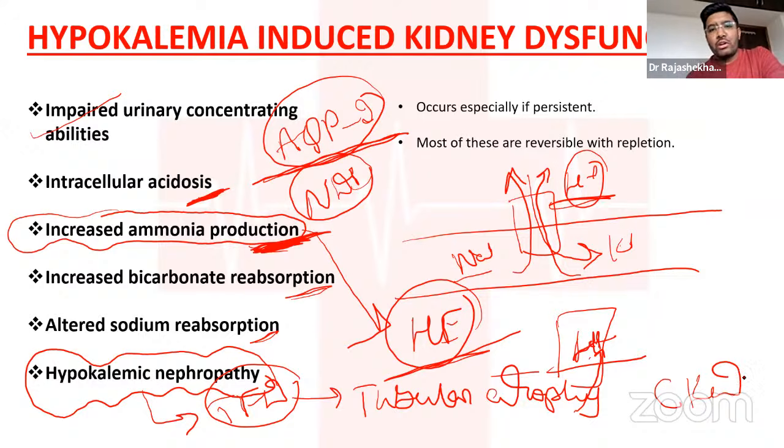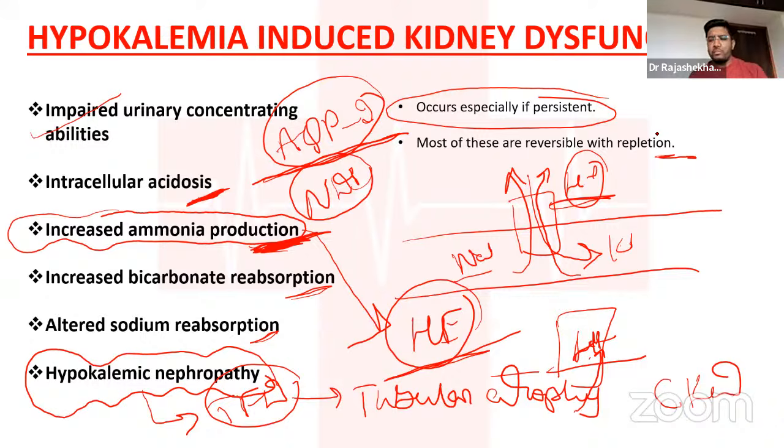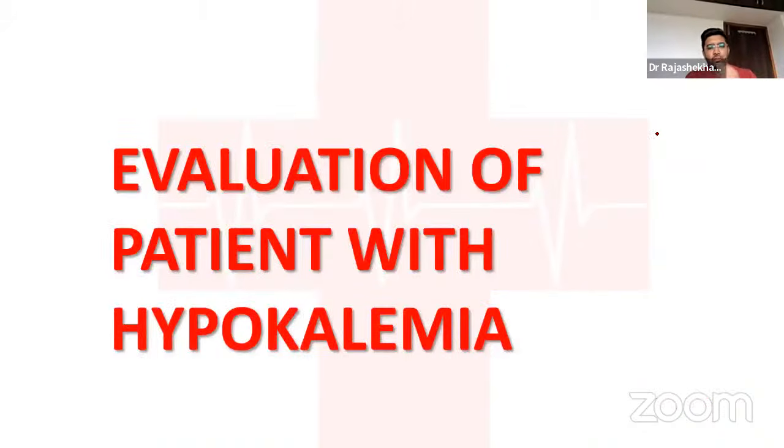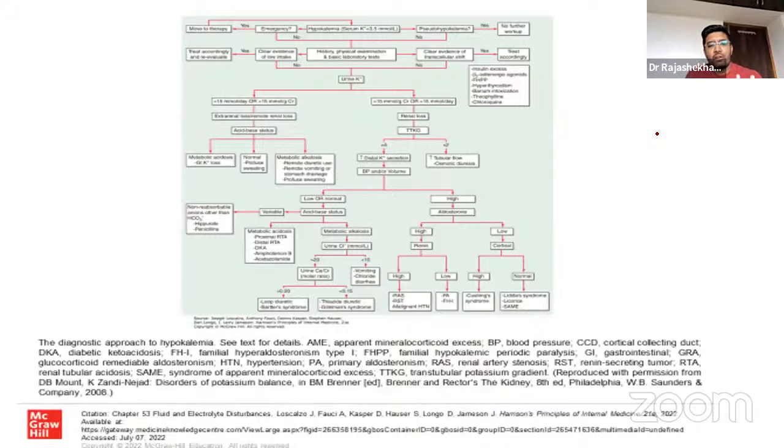So these kidney abnormalities usually tend to occur only if persistent hypokalemia is there, and the majority of them are reversible with repletion. Then if you evaluate the patient with hypokalemia, this is a basic flow chart which is given in Harrison. It's a very important thing to revise before going into any exam or even during the management of patients.